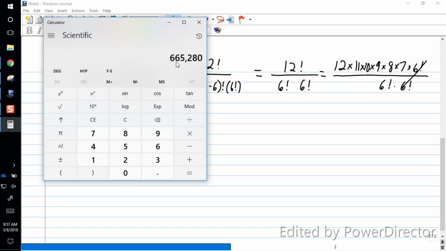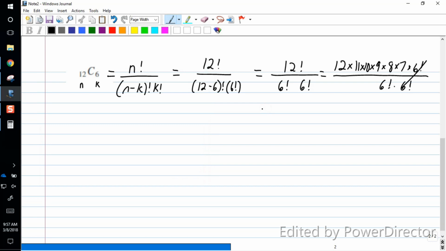See how big the numbers are getting? Then I'm going to divide by 6 factorial. I do have a factorial button on here, so I'm going to say divided by 6 factorial equals 924.